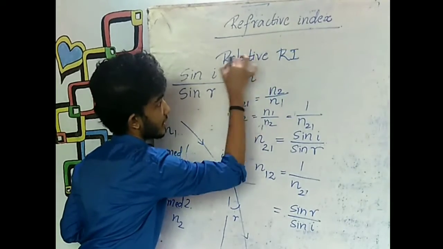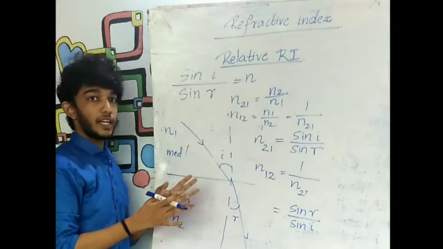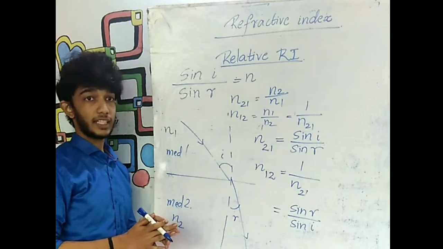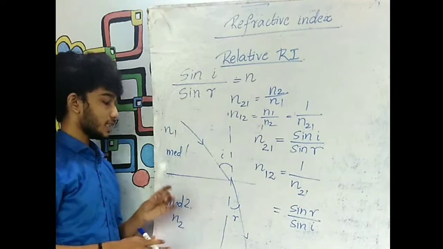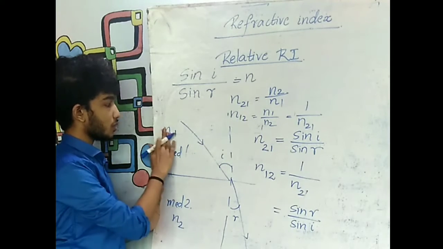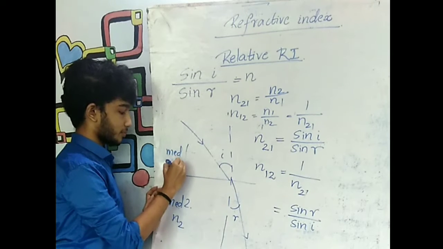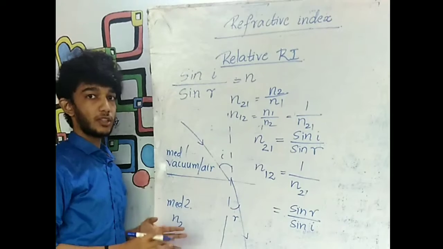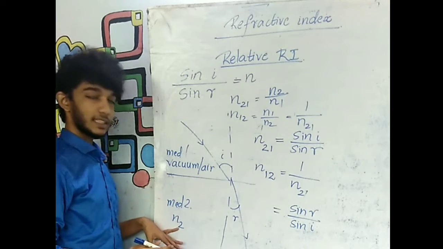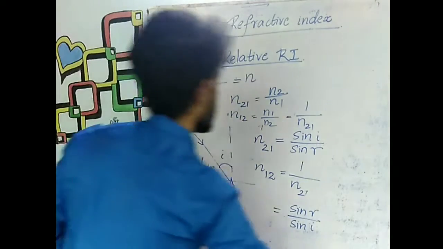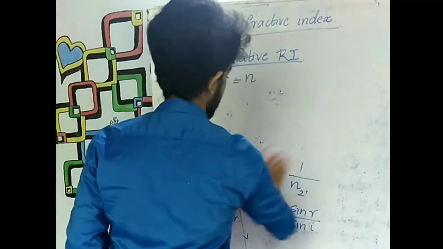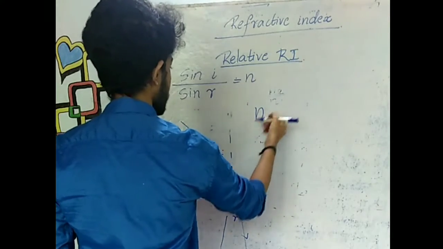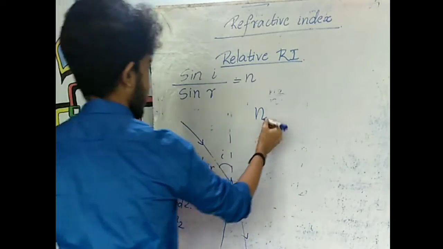Relative refractive index. Expressing the refractive index of one medium with respect to another medium is known as relative refractive index. Now suppose this is a medium 2, and now medium 1 be vacuum or air. If medium 1 is vacuum or air, then how can we represent the refractive index of medium 2? The refractive index of medium 2 is written with respect to medium 1. Here medium 1 is vacuum or air.